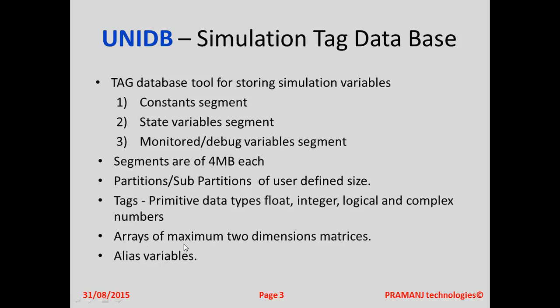Tags can be arrays of maximum 2 dimensions. Partitions and tags can be added, deleted interactively in the database or can be imported from a text file. The schema or structure of the tag database is fixed and cannot be changed by the user. They can only change the contents of the database, that is partitions and tags.